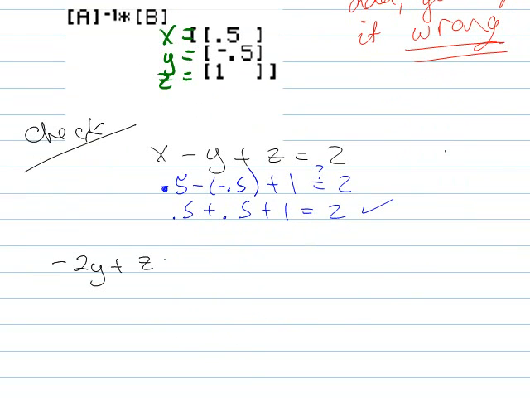Honestly, since it took you practically no time to solve this problem, go ahead and check it, because what if you plugged it in wrong and then got this problem wrong on a final exam? That would be very, very painful. So I'm going to say, is that equal to 2? Negative 2 times a half is positive 4. Wait a second. Now I'm scared.